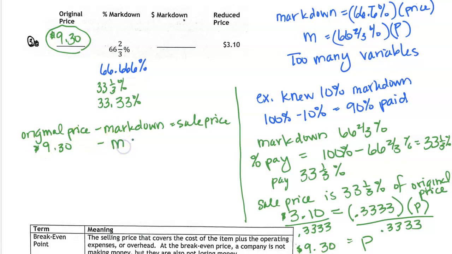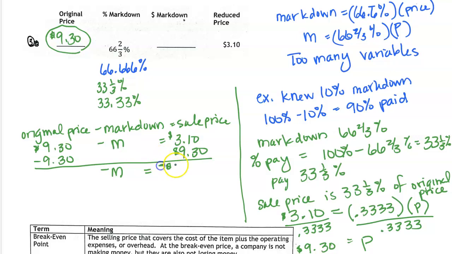We don't know the markdown value yet, and our sale price is $3.10. I'm going to solve by subtracting the $9.30 from both sides. Notice I'm getting a negative here on the left, and I also get a negative on the right. So if I divide by -1, I get that the markdown dollar amount is $6.20.